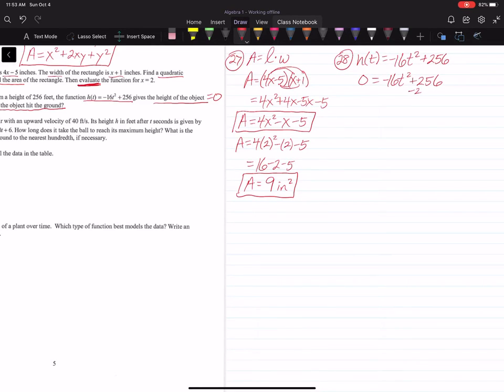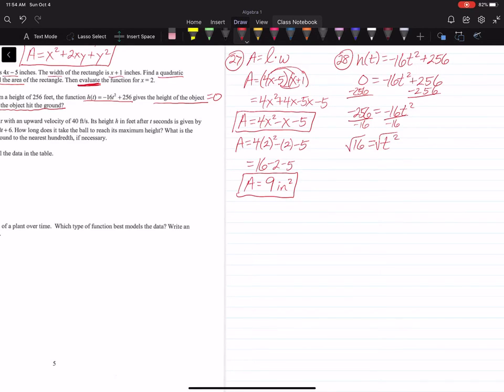So I'll subtract 256 from both sides. Negative 256 equals negative 16 t squared. Divide by negative 16. That will be, let's see here, 256 divided by 16. They're both negative, so the negatives go away. That would be positive 16 equals t squared, but I don't want t squared, I want t.